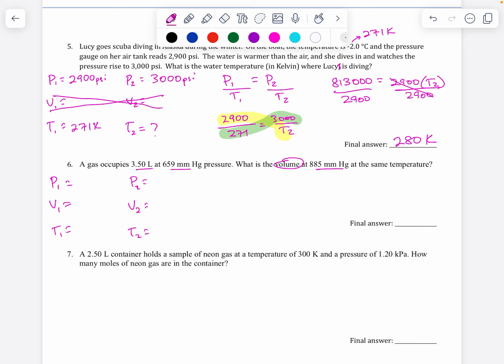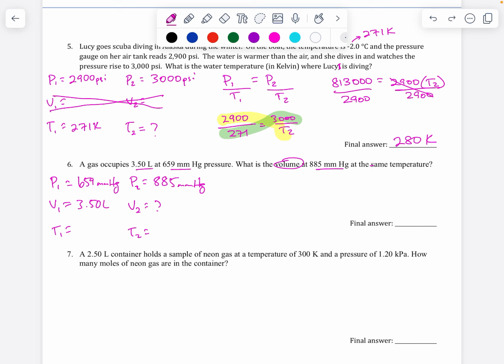Gas occupy, so that's telling me that currently is happening at 659 millimeters mercury. I don't know the new volume if the pressure has risen to 885 millimeters mercury at the same temperature.